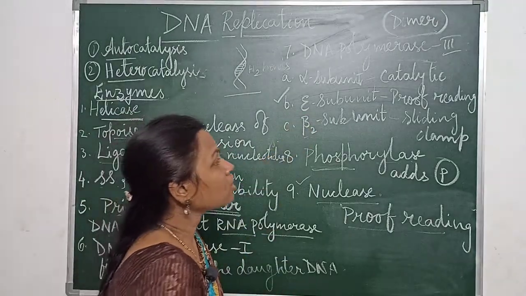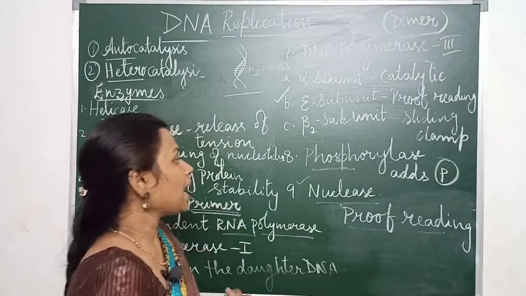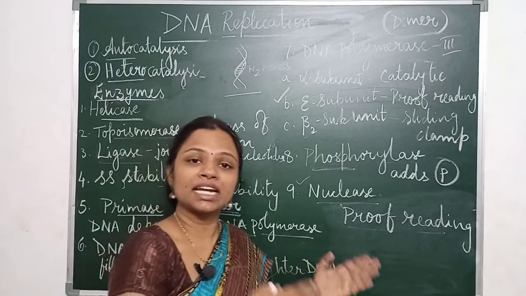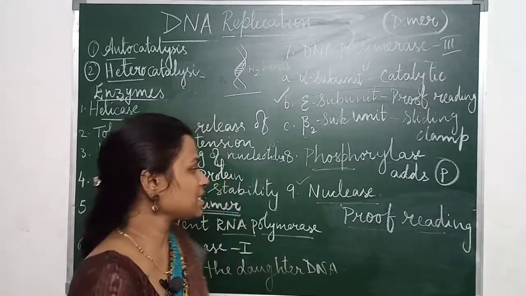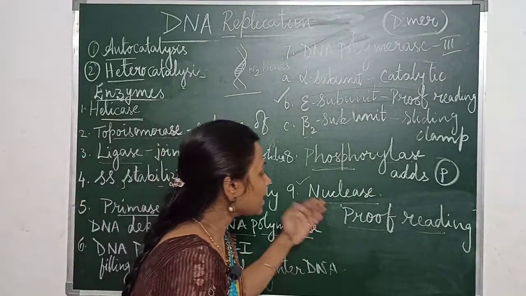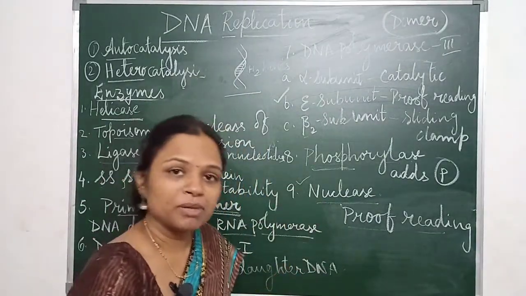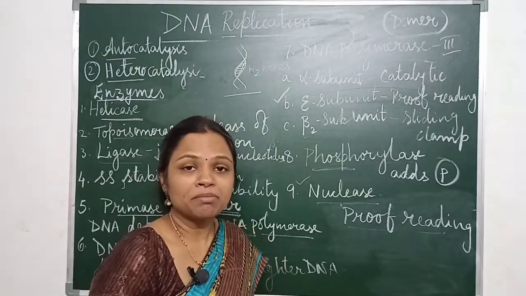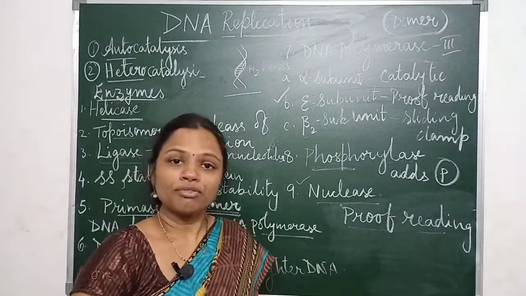The epsilon subunit acts as a proofreading subunit. We also have phosphorylases which add the phosphates, so the inactive monophosphates are converted into active triphosphates. The second proofreading is done at the end of the replication process, where the nuclease enzyme helps in that proofreading.